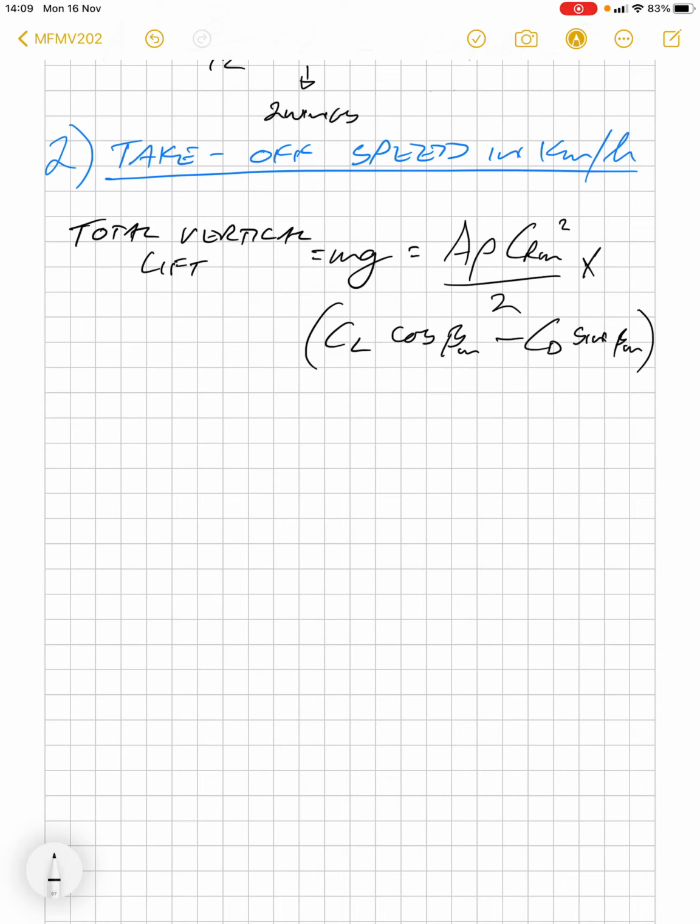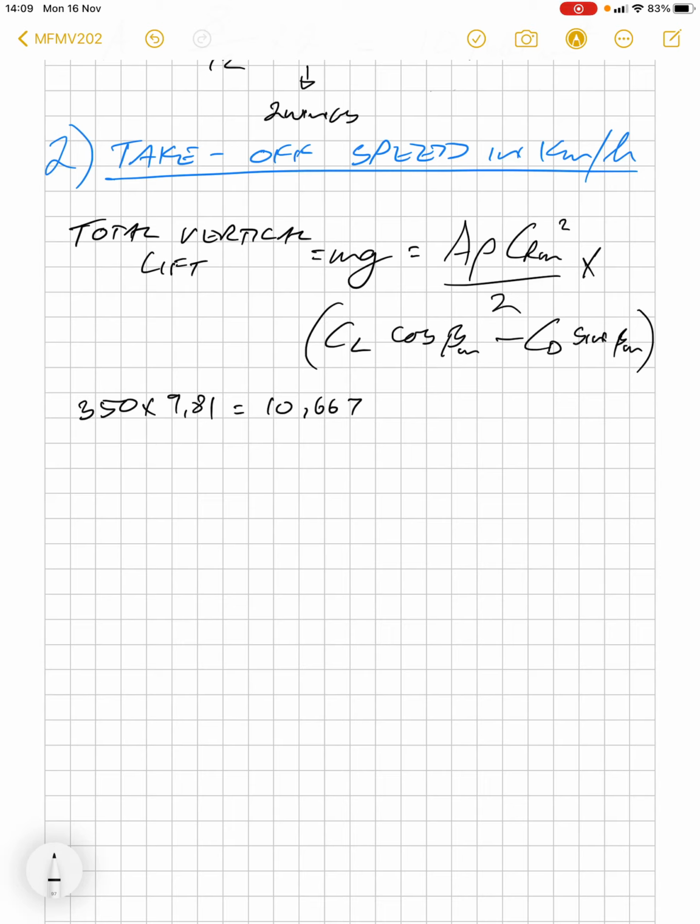That's taking the vertical components of the drag and lift formulas as shown in the notes. Make sure that you draw your aerofoil diagram and resolve your drag and lift forces into the various components. So substituting, we know that our mass is 350 kilograms of the plane with the pilot. So 350 is the mass times gravity. It's 9.81.